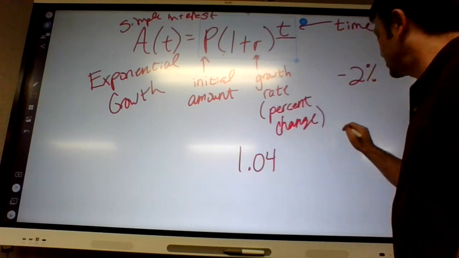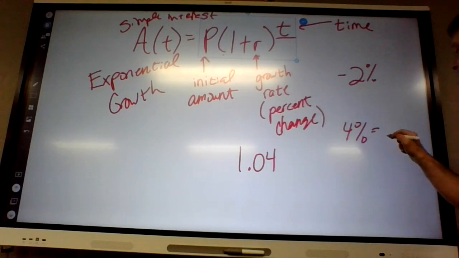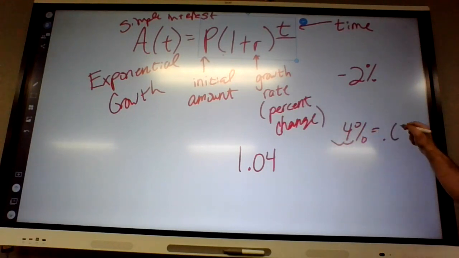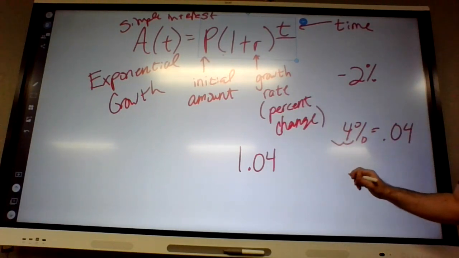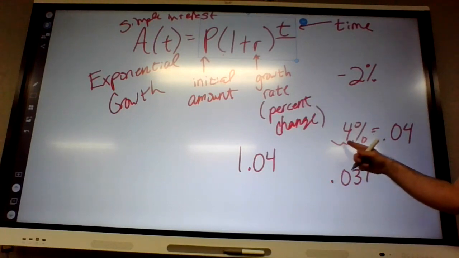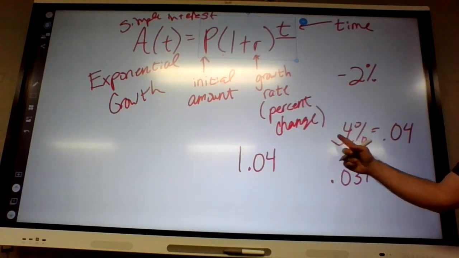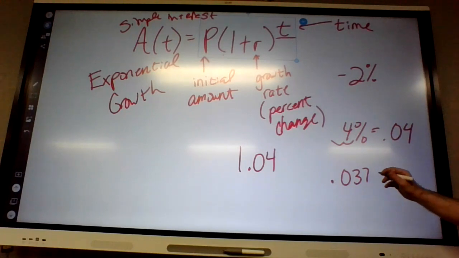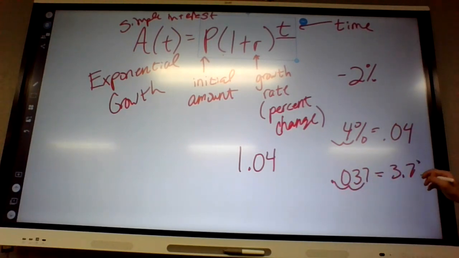Remember 4%? To change from a percent to a decimal, you move the decimal twice to the left. To change from a decimal to a percent, you move the decimal twice to the right.